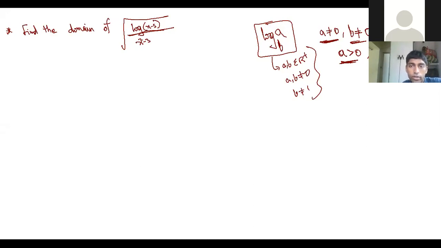Did anyone get any answer? Sir, will the answer be in intervals? See, the solution goes like this.